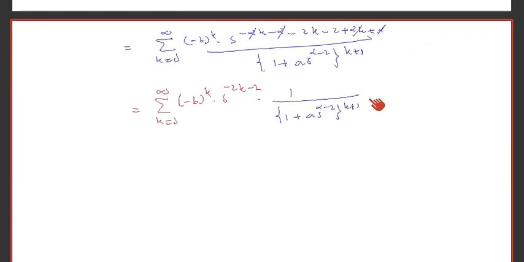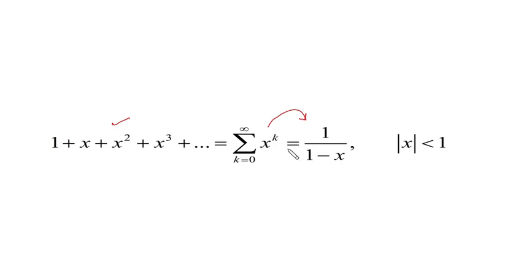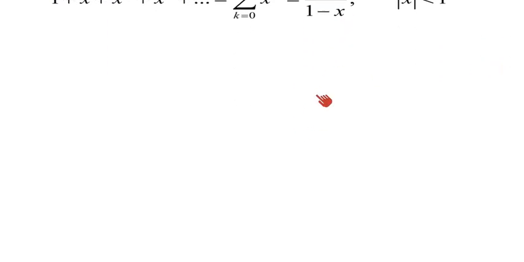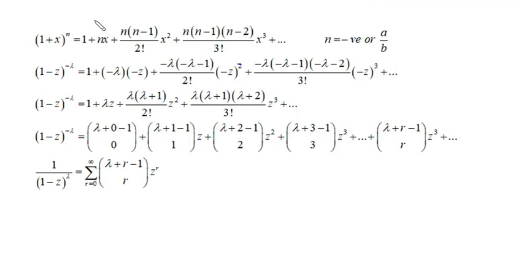Okay, I need to again switch this term in blue in the form of an infinite series, and what infinite series, you can again take a look. This one, we know that binomial series 1 plus x to the power n, where n is either a negative integer or fraction, it can be written as 1 plus nx plus n into n minus 1 over 2 factorial x square plus, continuing this way, n into n minus 1 and n minus 2 over 3 factorial into x cube and so on.